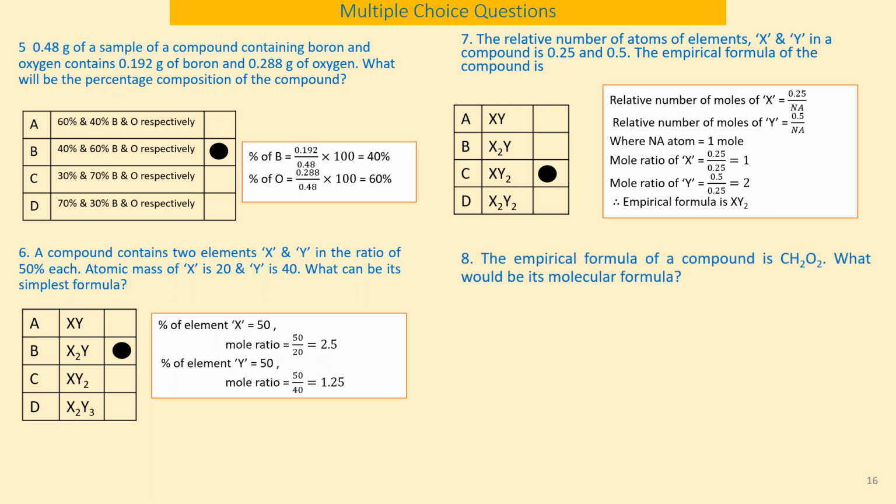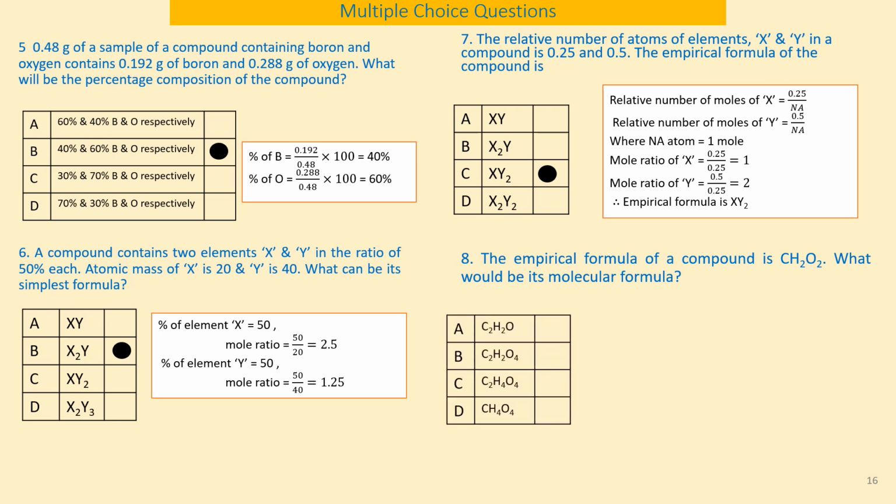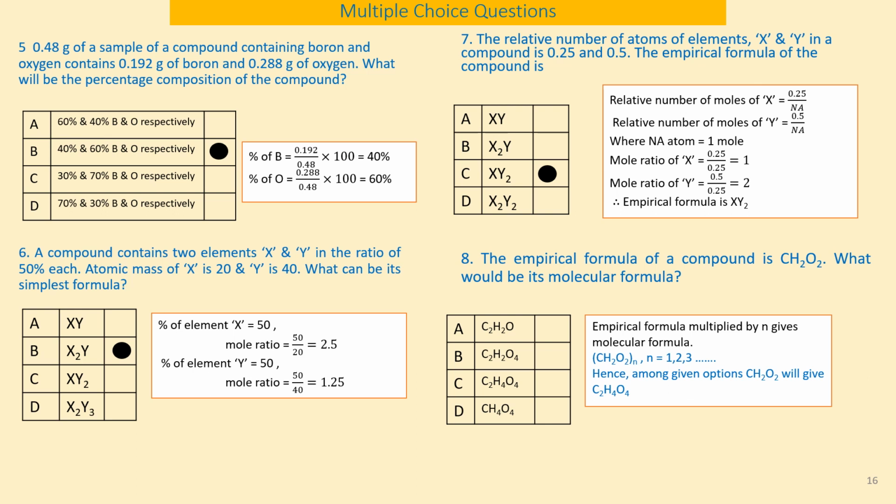Next question, 8. The empirical formula of a compound is CH2O2. What would be its molecular formula? Four options are given and you have to choose the correct answer. Let us analyze and then choose. So, empirical formula multiplied by n gives the molecular formula.